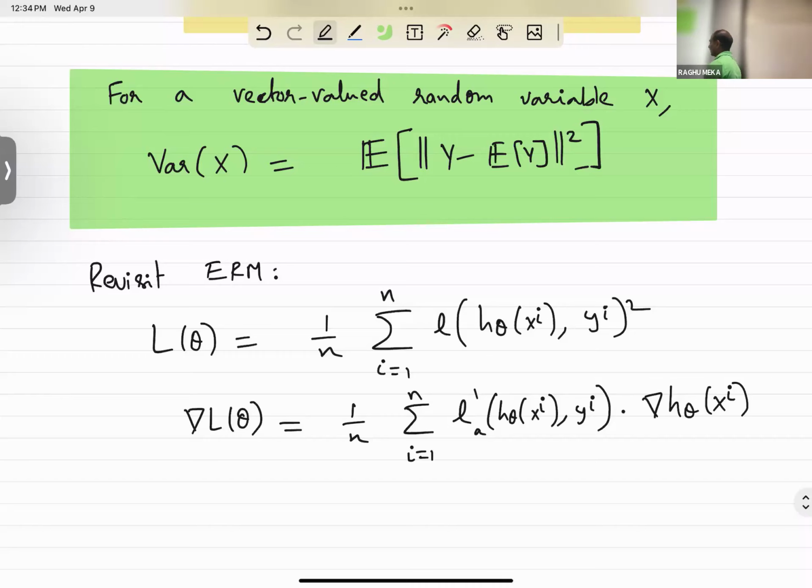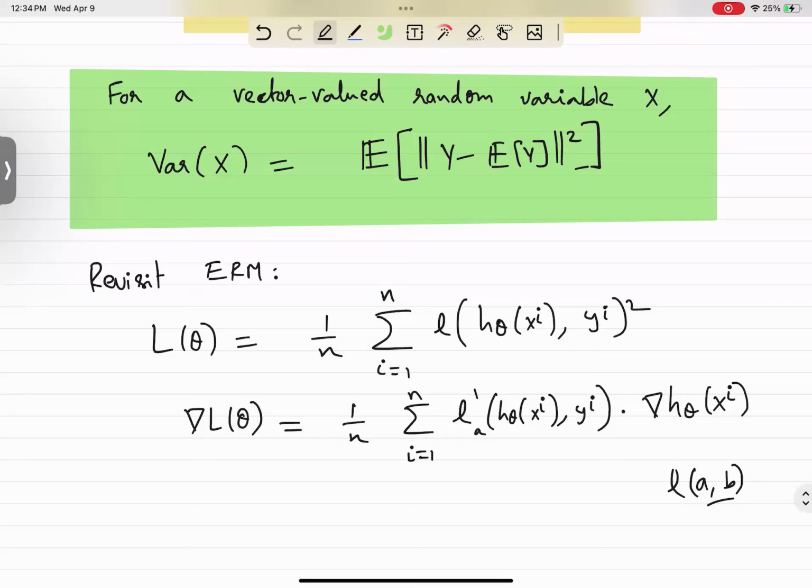So you can come up with all kinds of estimators, but what's a simple estimator for the gradient given this form? Yeah. What is the subscript? Oh, this one is meant to say I'm only taking the derivative with respect to the first coordinate. Right. So think of L as a function on the two coordinates, a comma b. It's a bivariate function, but I'm only taking the partial derivative with respect to the first coordinate. Okay. Because that's the only one that depends on theta. When you apply the chain rule, I'm going to get only the derivative with respect to the first coordinate.